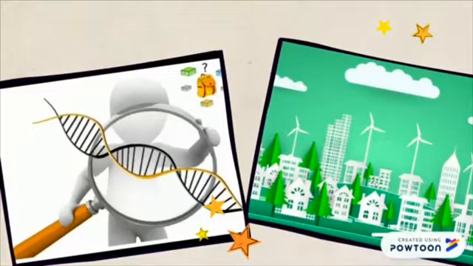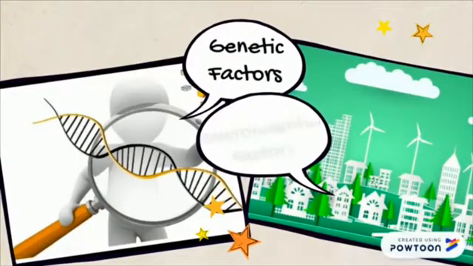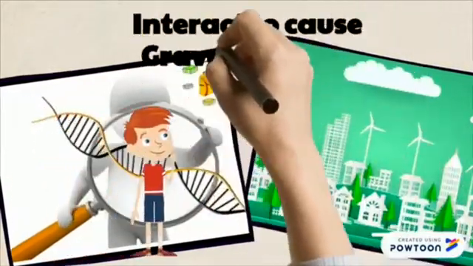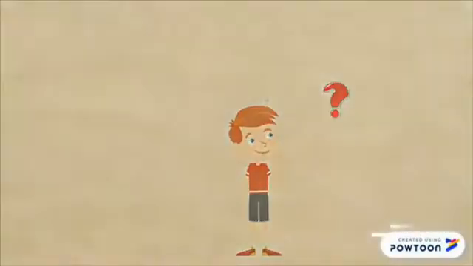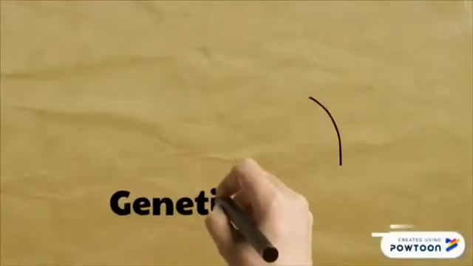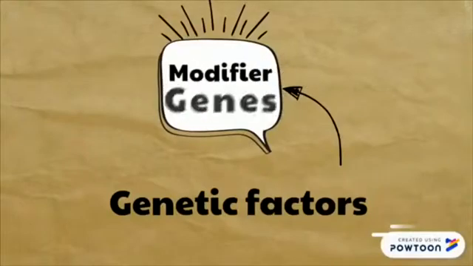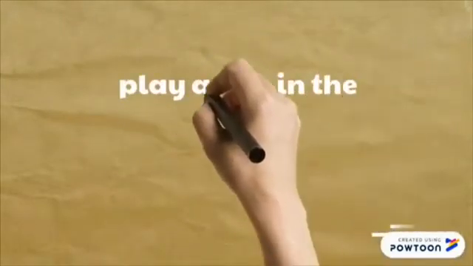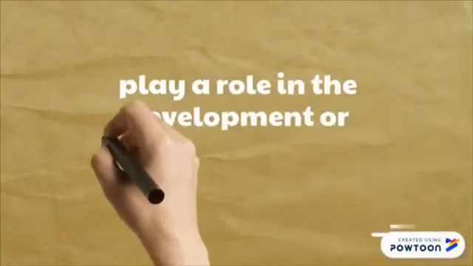The exact manner in which genetic and environmental factors interact to cause Graves' disease is not fully understood. Additional genetic factors, known as modifier genes, may also play a role in the development or expression of Graves' disease.